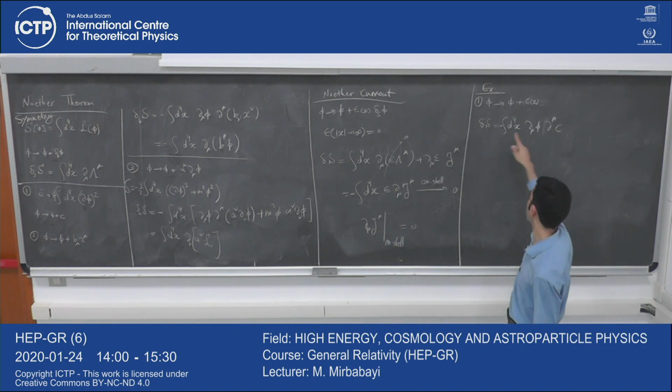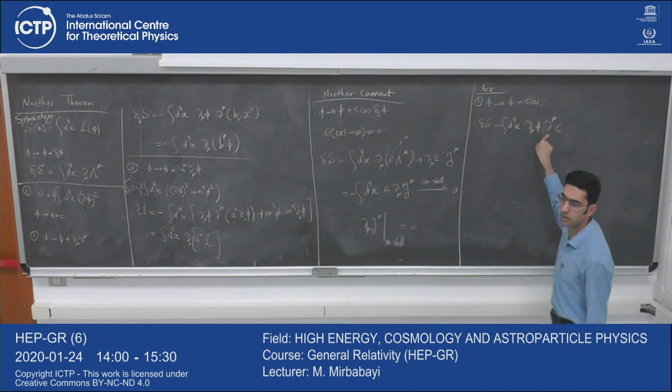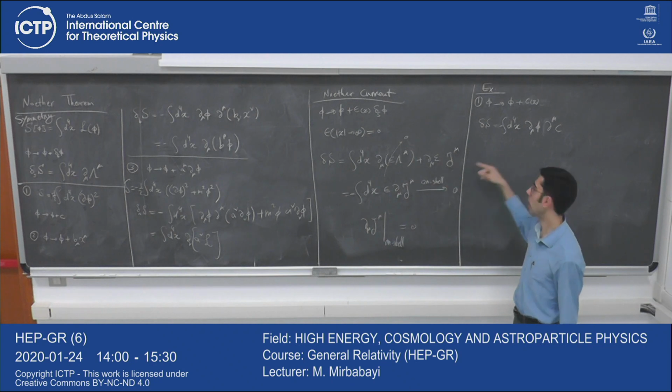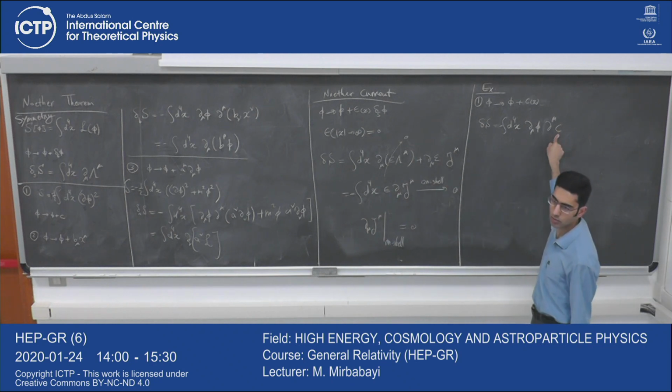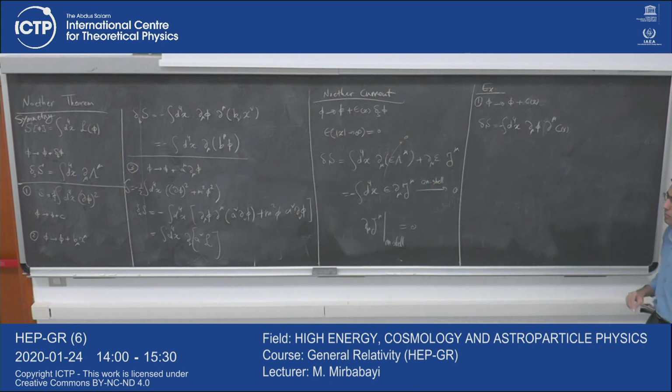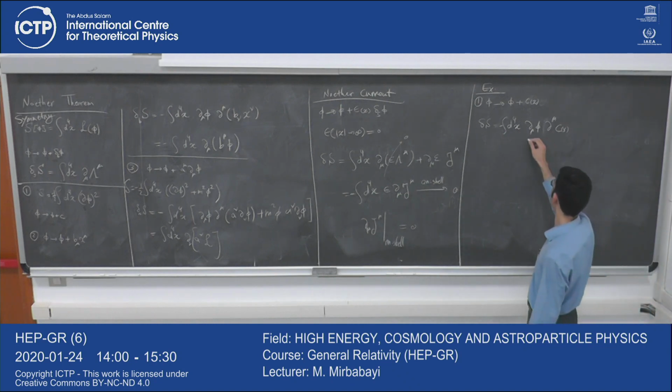The variation of the action now contains a term which is proportional to d mu of our transformation parameter, c of x. And what is multiplying it is another current, now with lower index.